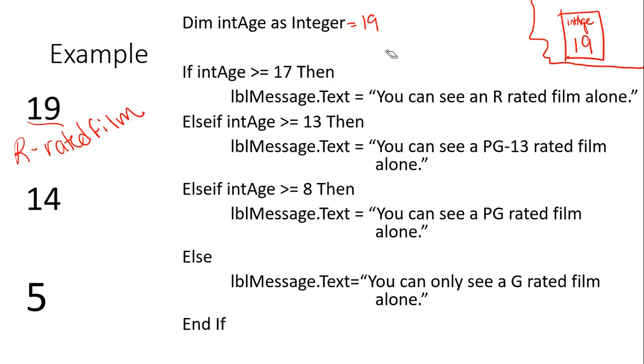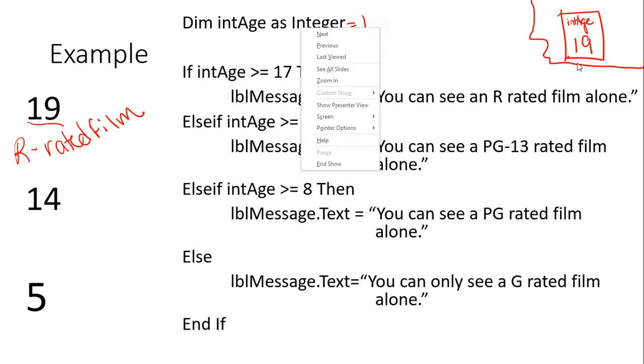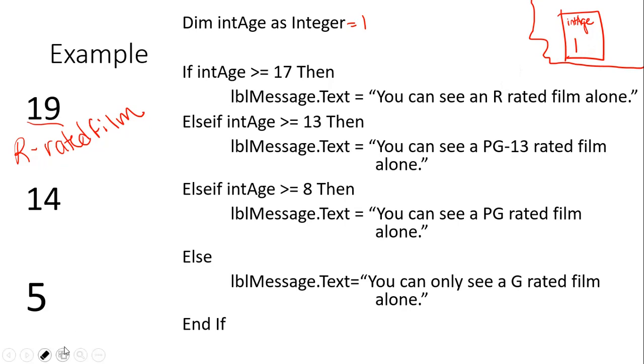Let's check the next one here. So we're checking 14. In memory, int age is going to be assigned 14. So first thing we're going to check is, is 14, which is int age, greater than or equal to 17? No, right? 14 is definitely not greater than 17.